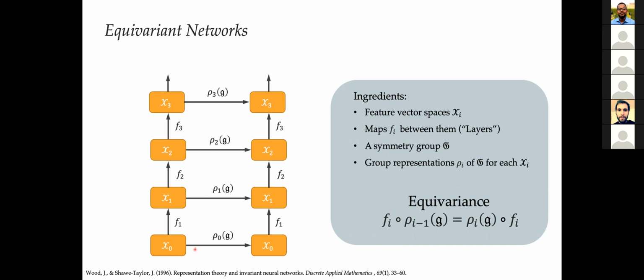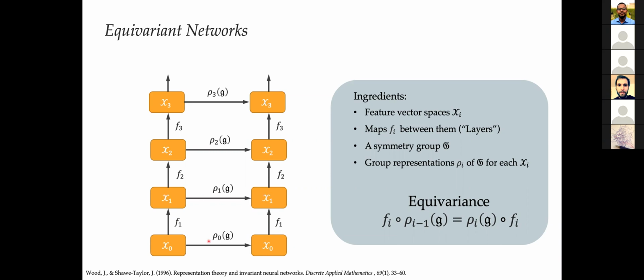And we say that the network is equivariant if this equation is satisfied, which you can also understand from this diagram. If we start, say, here at x0, we apply a transformation using rho 0. Let's say we shift the image and then apply the first layer. We should get the same thing as if we first applied the first layer and then applied the same transformation, but now acting via the representation that we have in the feature space to produce x1.